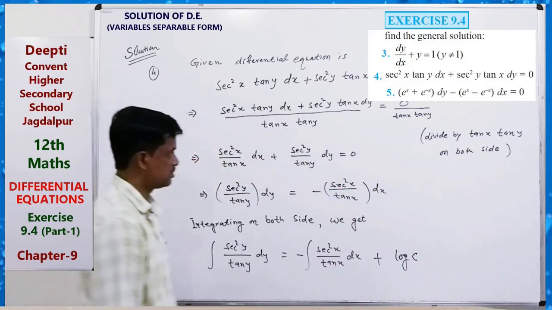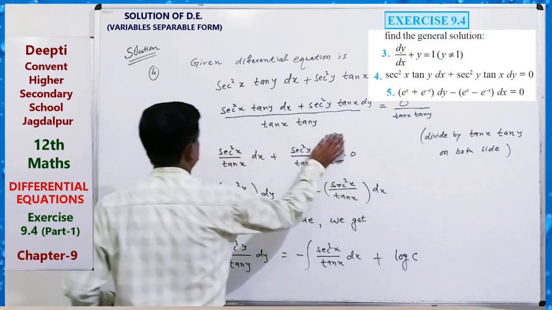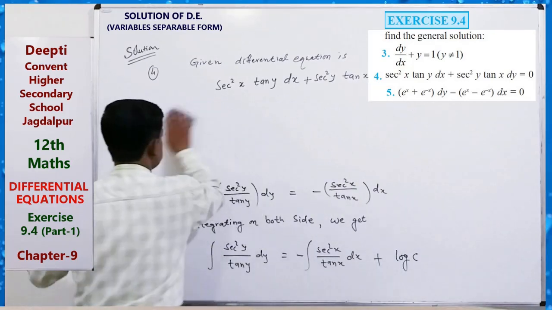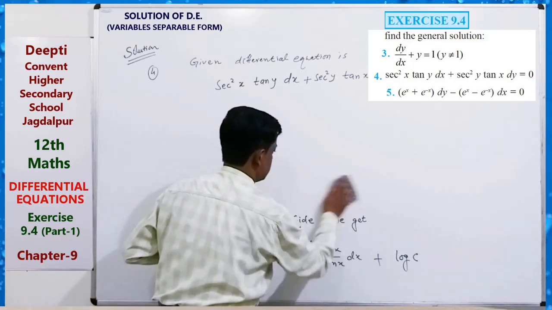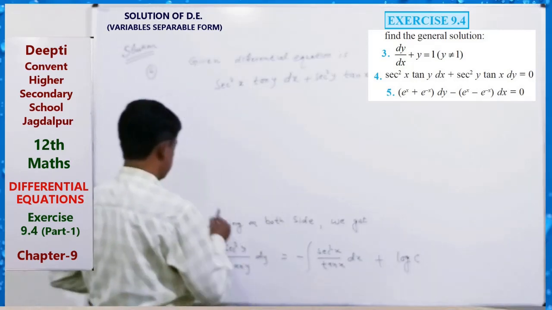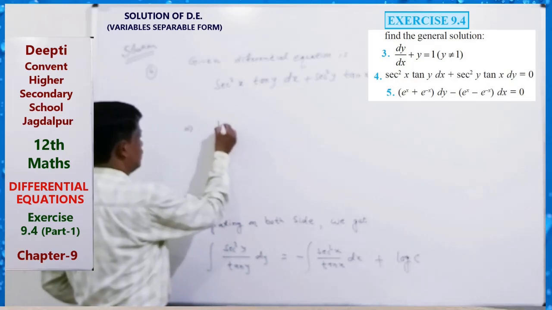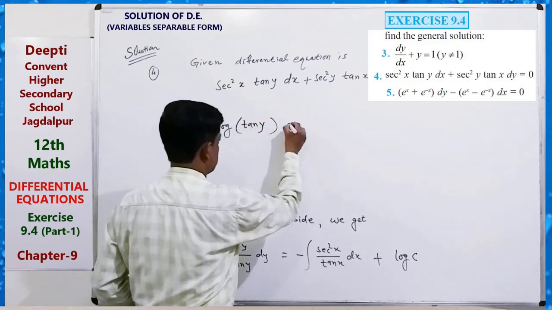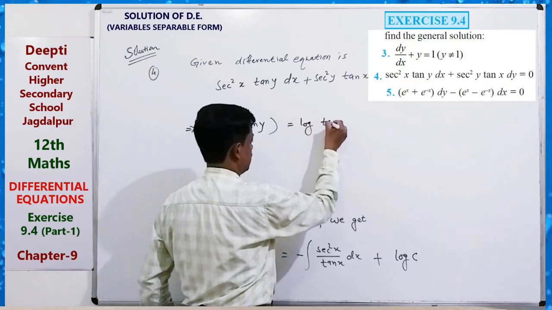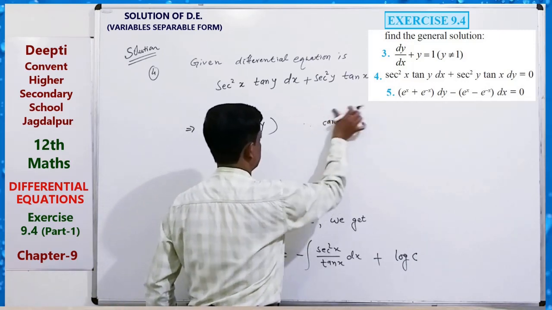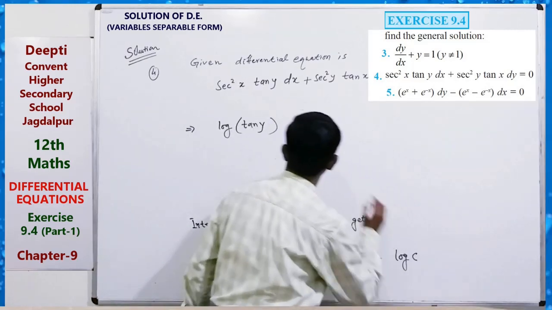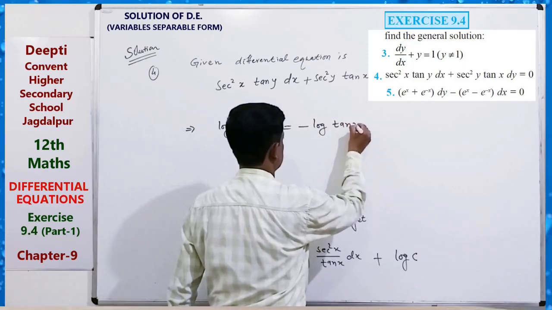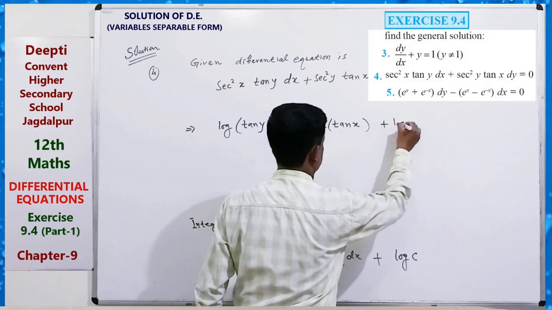Clear? So now we can write: after this line, log of tan y equals to minus log of tan x plus log of c.